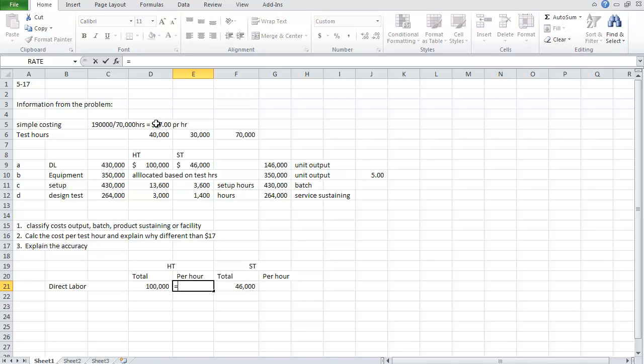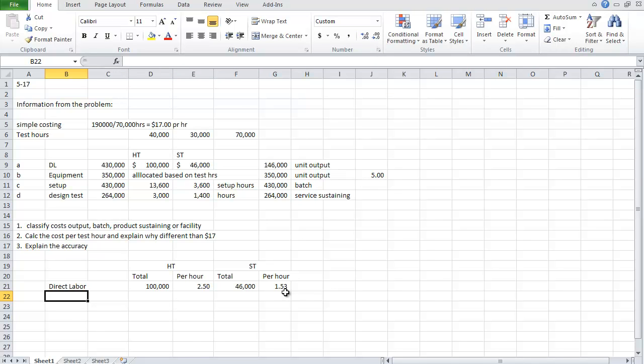Now we're just going to divide this 100 by the 40,000 hours. We'll divide this 46 by the 30,000 hours to get our per hour cost. So I'm going to just format these because I think 2 decimals are appropriate in these cases. So we'll see that that is now for direct labor.